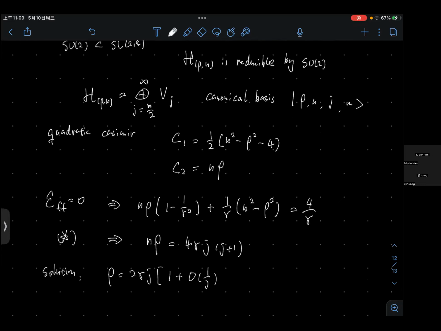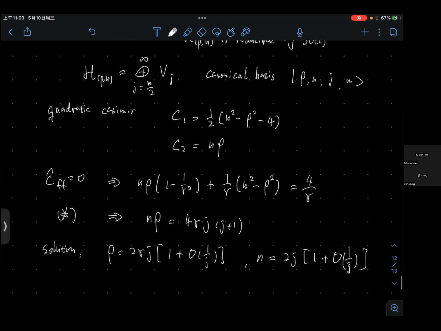You will get not just 2 gamma j, but some other factor, but these are of order 1 plus 1 over j, and n equals 2 times j, 1 plus order 1 over j. Okay. Yeah, basically you get the solution and you expand in terms of 1 over j.